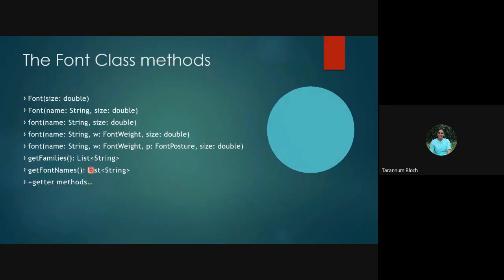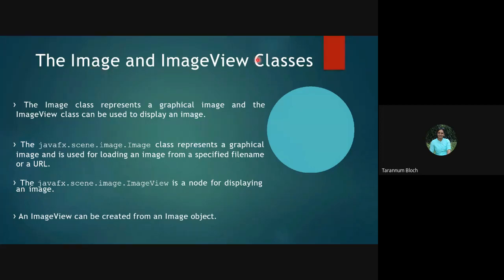And we talked about Image and ImageView. We said Image is an object which represents a graphical image, and ImageView will display the graphical image, and that's why we say that ImageView can be created from an Image object, right? So this was the last lecture's discussion.